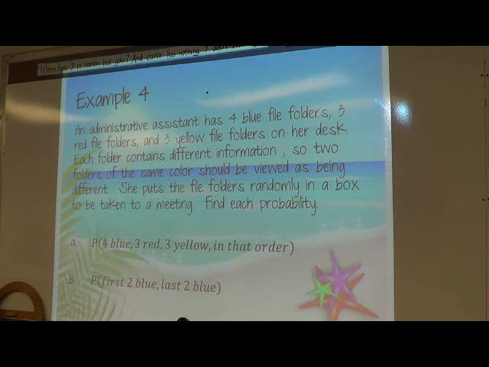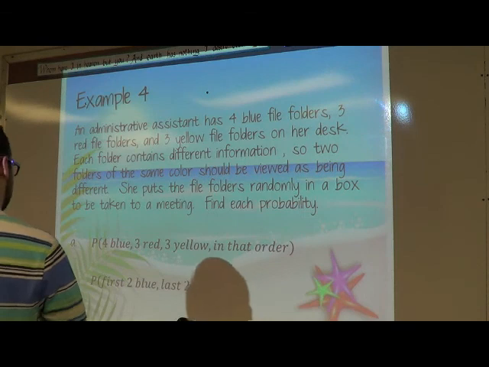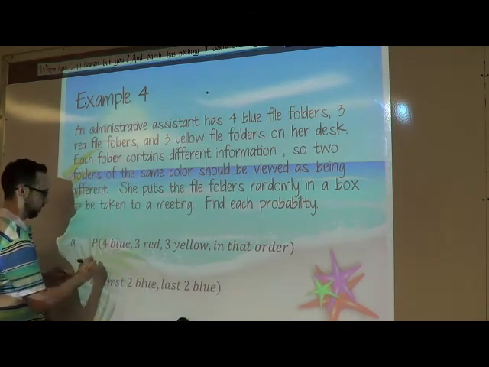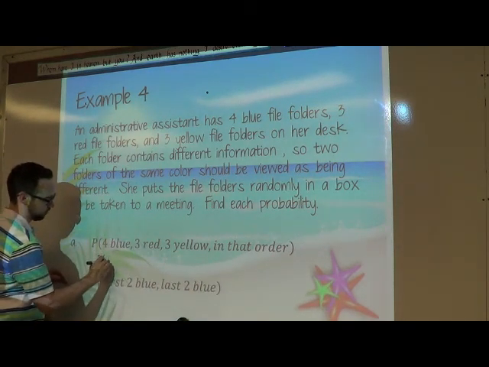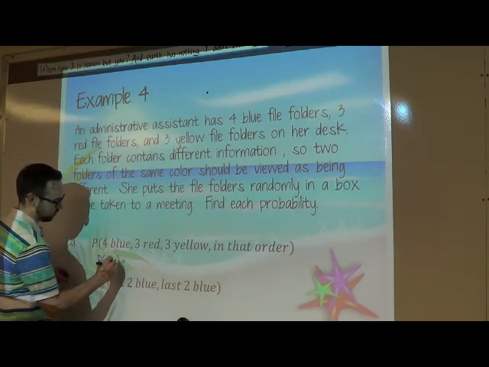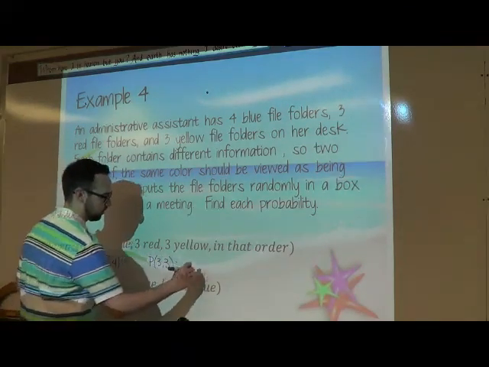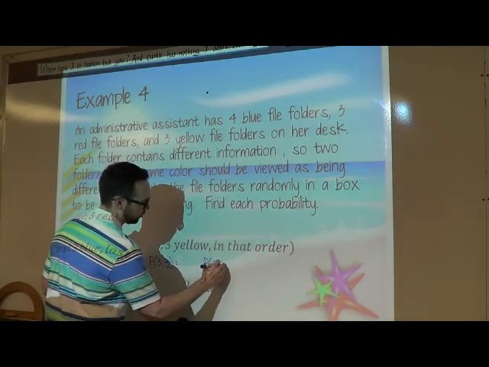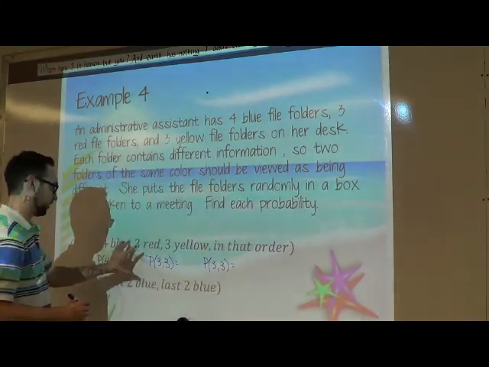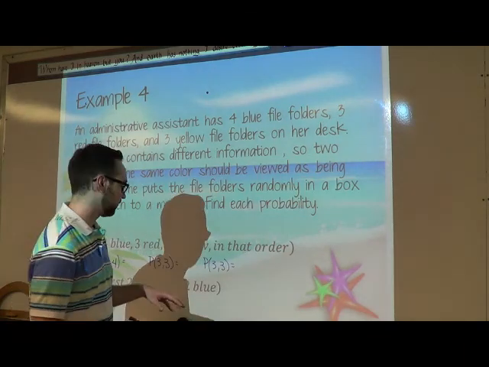So what do you want to do? We're going to look at this the same way we looked at the other ones. By the probability of success, we'll do each one individually. We have the permutation of 4 choose 4. Then we have the permutation of 3 choose 3. Then the permutation again of 3 choose 3. And that's our success. We multiply each of those.